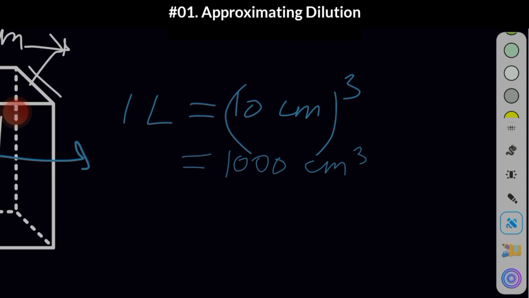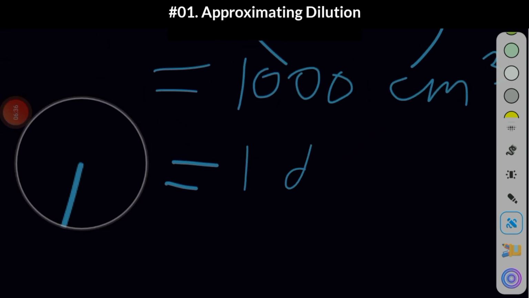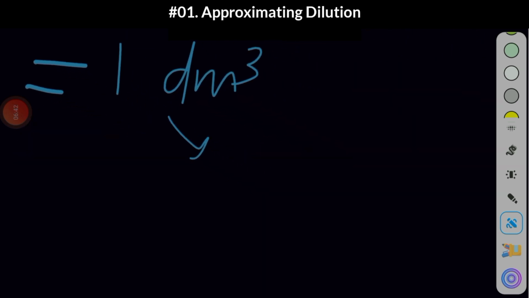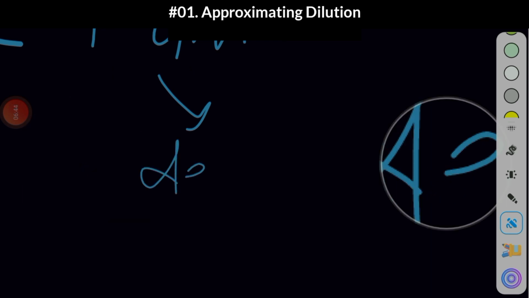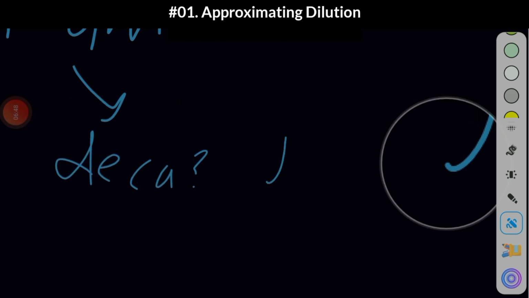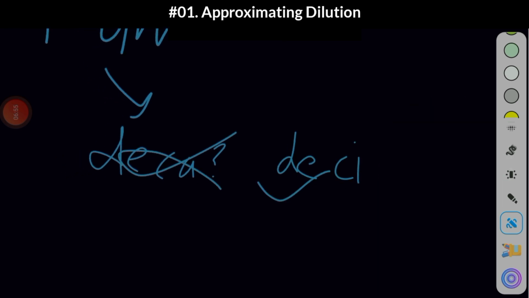Now I have one more piece of information for you. This is actually equal to 1 dm cube, and it must be noted whether the d here is for deca or for deci, because that might create confusion. It is for deci that is the correct one.